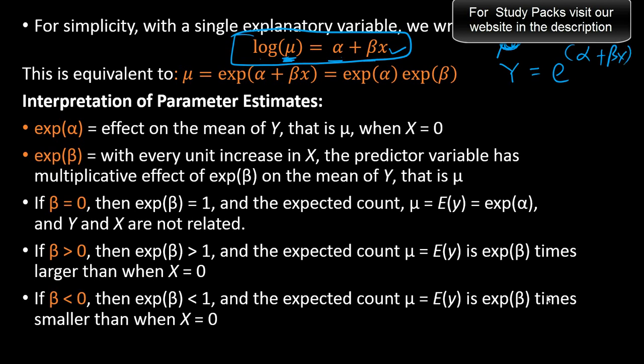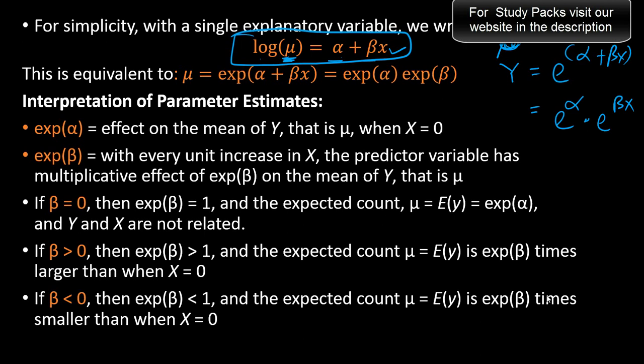And when you take an exponential of something, you can write it as exponential of alpha multiplied by exponential of beta x, right? That's what we have learned in mathematics: when you have two added values in the power, they are nothing but the multiplication of the bases, right?